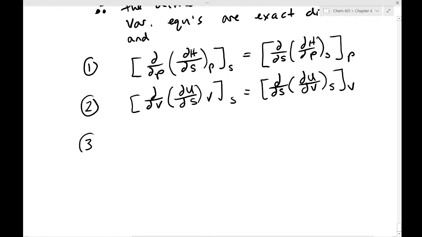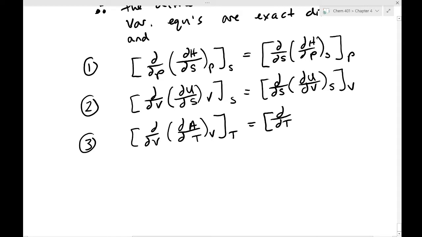Let's look at the Helmholtz energy. So with Helmholtz, the change with respect to volume of the change in Helmholtz energy with respect to temperature at constant volume at constant temperature is equal to the change with respect to temperature of the change in Helmholtz energy with respect to volume at constant temperature at constant volume.